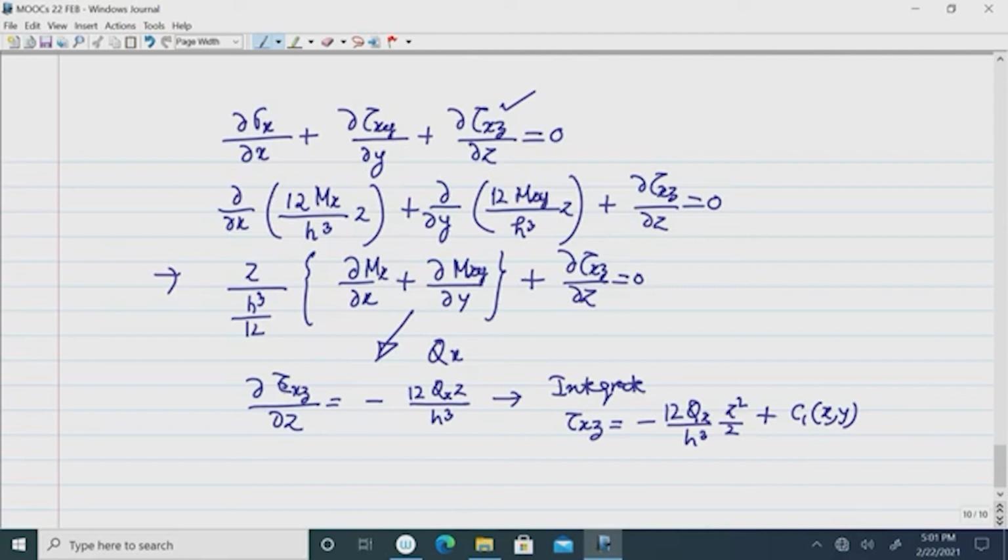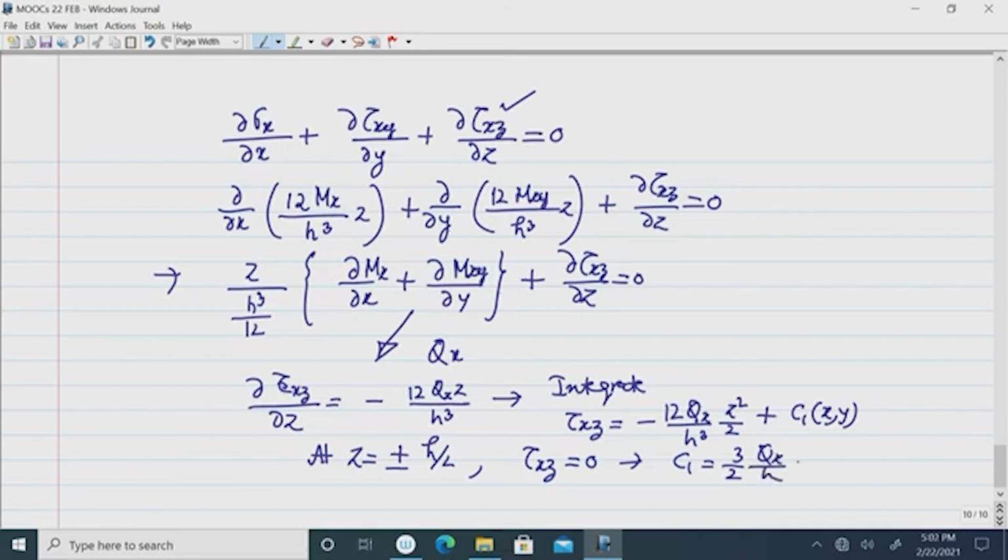But we know that at the surface tau xz is 0. So, at z equal to plus or minus h by 2, tau xz equals 0. Imposing this condition, we get C 1 equal to 3 by 2 q x by h.